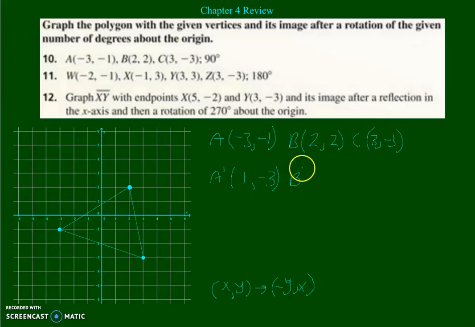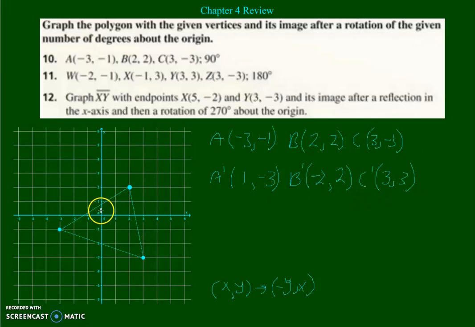B prime, -y, x. So we take the y coordinate, change its sign, it becomes our new x, and our x coordinate from our original becomes our new y. C prime, -3 goes to 3, so -y, x.